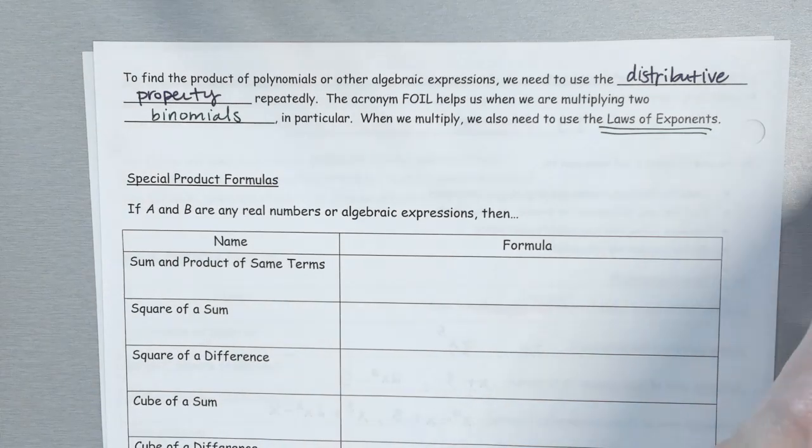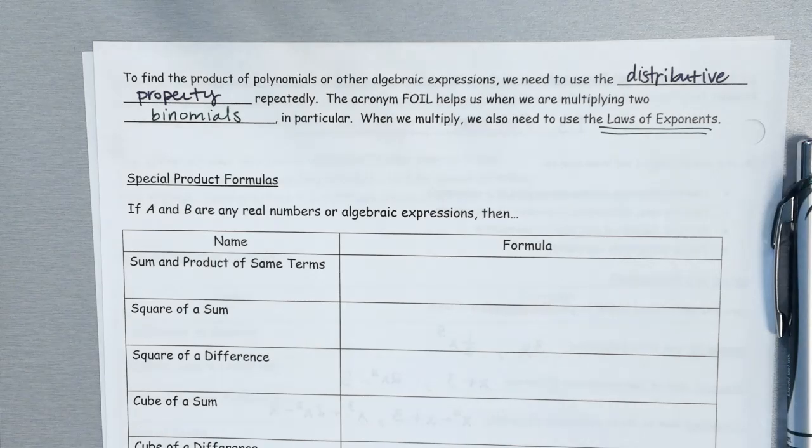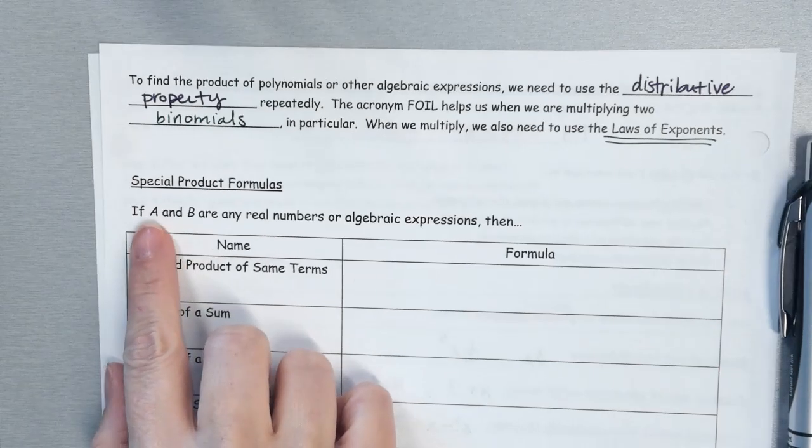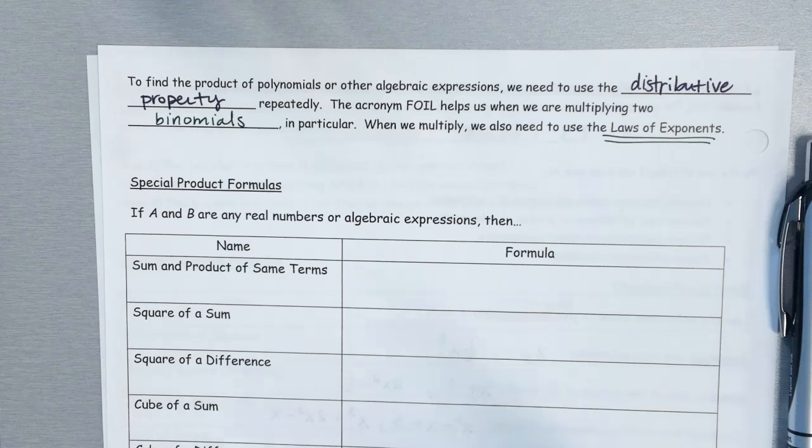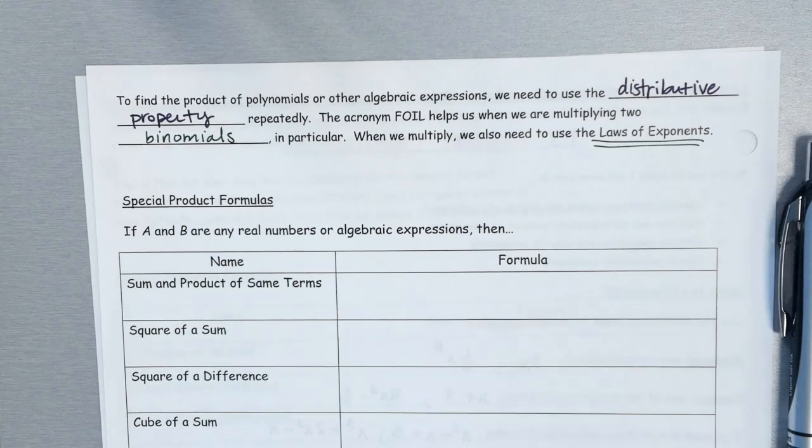Okay, so we're going to talk about these special product formulas for when you factor. When we factor, we take out the greatest common factor first, and then we look for special patterns. So if you have two values that are any real numbers, we're going to call them A and B for these. Then we're going to remember all of these special patterns that we have.